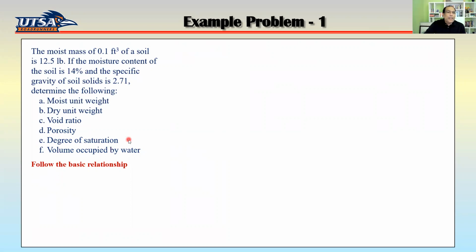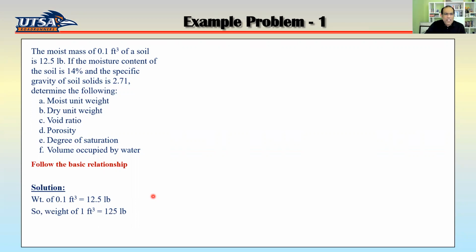So here is your solution. First of all, you see this is given for 0.1 feet cube of soil is 12.5 pounds. So 1 feet cube of soil has 125 pounds, right? Because if you make 10 times here, that 1 feet cube becomes 125 pounds.